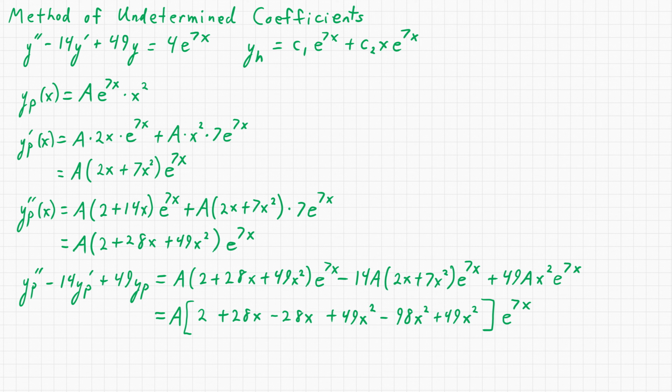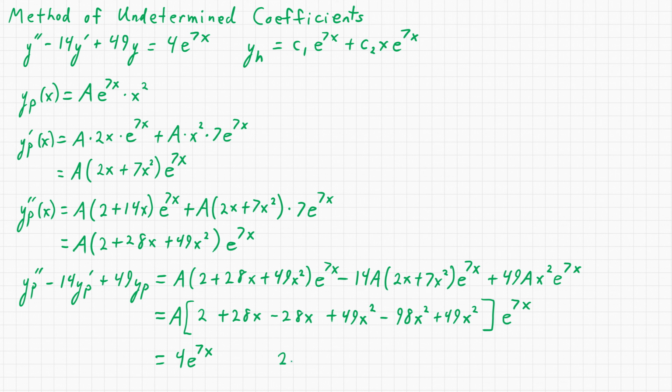Well, this is working out well. This whole thing is supposed to equal 4 e to the 7x. And we do have a constant term. The x terms cancel out. The x squared terms cancel out: 49 plus 49 is 98, so 98 minus 98 is 0. So this is it. It just equals 4 e to the 7x.